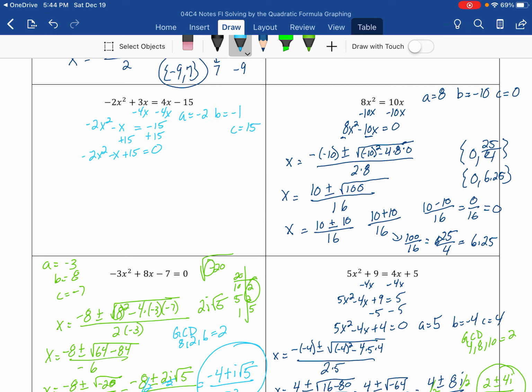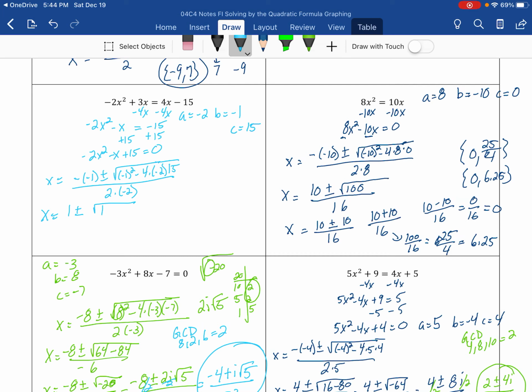So x is equal to negative 1 plus or minus the square root of negative 1 squared minus 4 times a times c all over 2 times a. X is equal to 1 plus or minus.